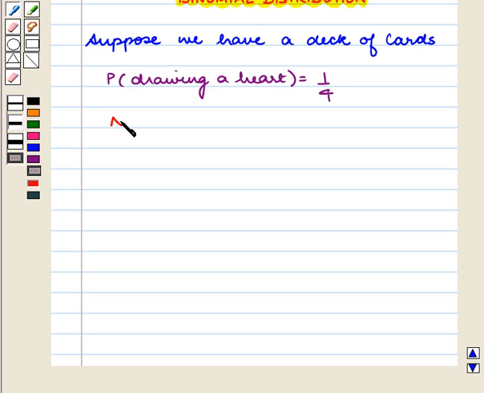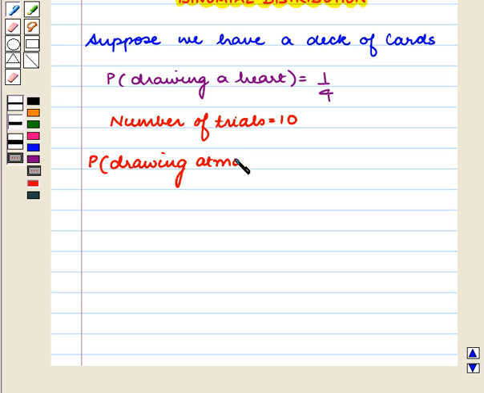If the number of trials is 10, we can easily find the probability of drawing at most 3 hearts using binomial distribution.